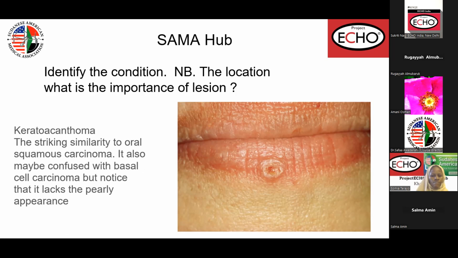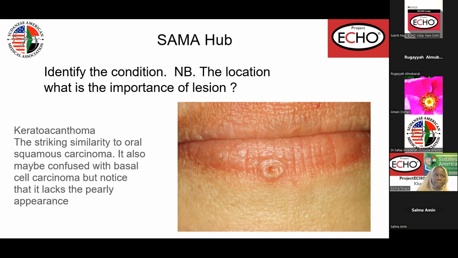It also may be confused with basal cell carcinoma, like Selma here said, because basal cell carcinoma occurs more or less in the same area. But I want you to notice that this lesion lacks the pearly appearance of basal cell carcinoma, the pearly appearance and the telangiectasia, or the small blood vessels crossing over the surface of the lesion.